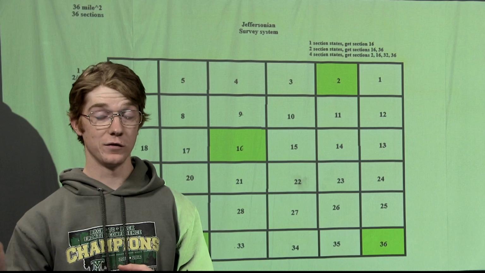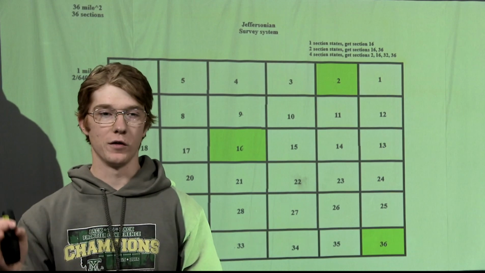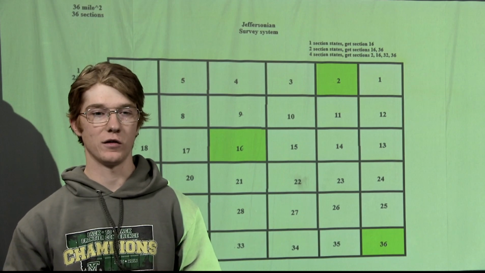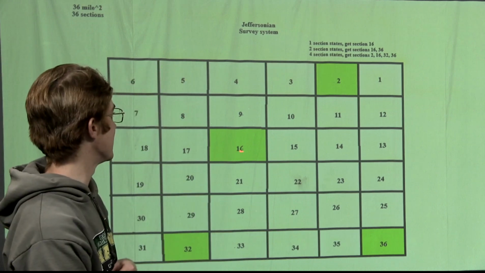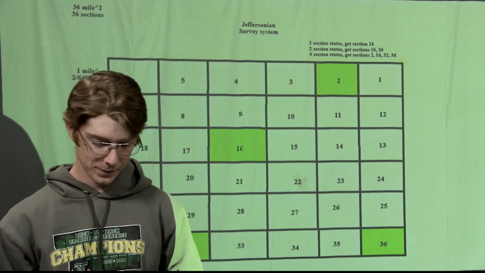They're given one section of land per township for their state to generate income as trust land. Initially, it would be section 16 that they'd be getting per township in their admission.